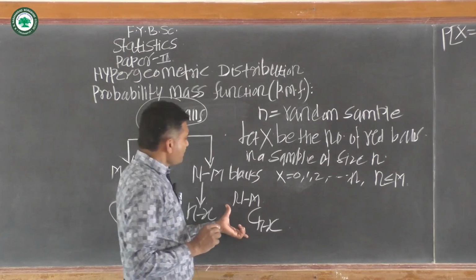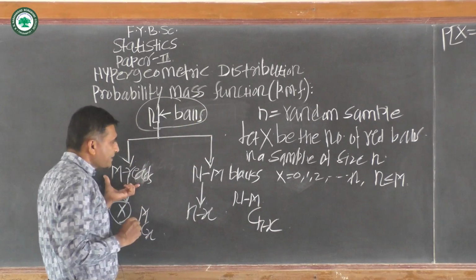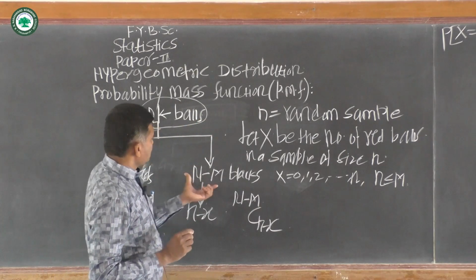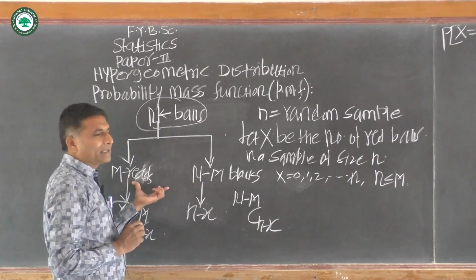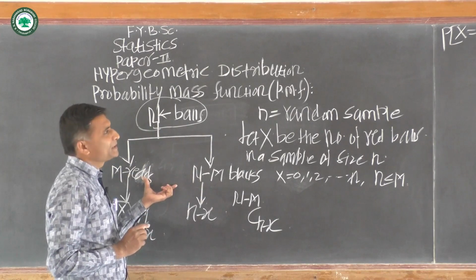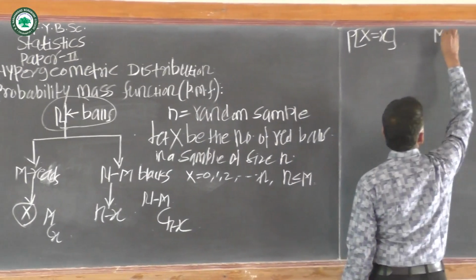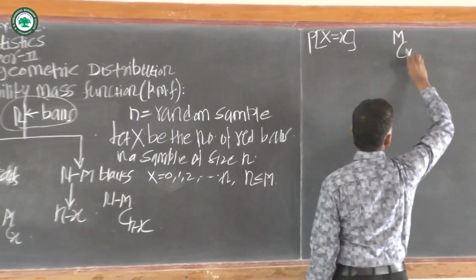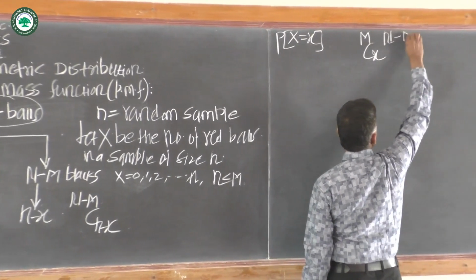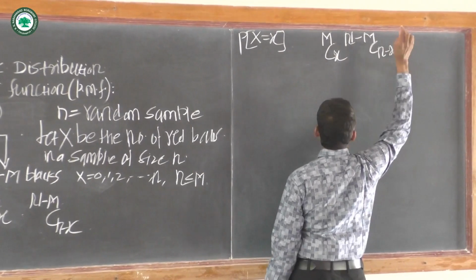Now, in the sample there are both red and black balls, thus the total number of ways in which both red and black balls occur is MCx into (N minus M)C(n minus x).